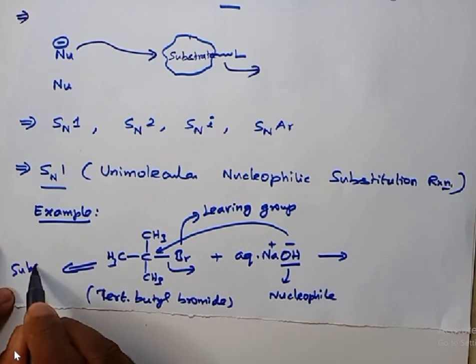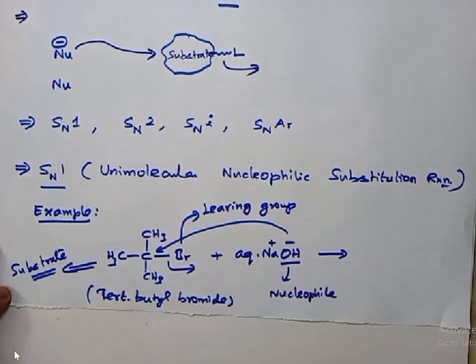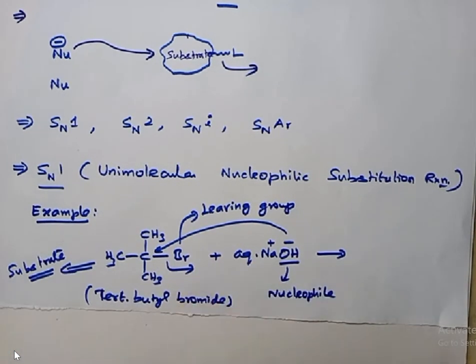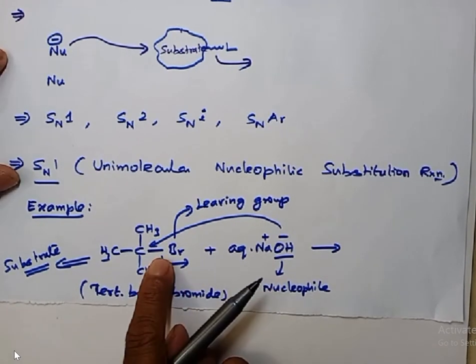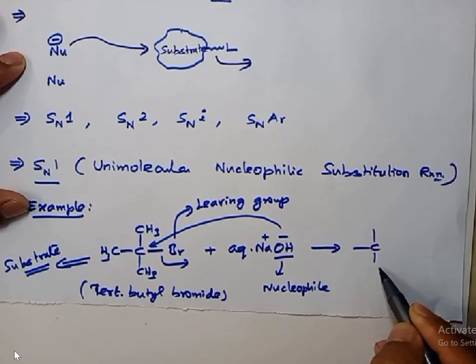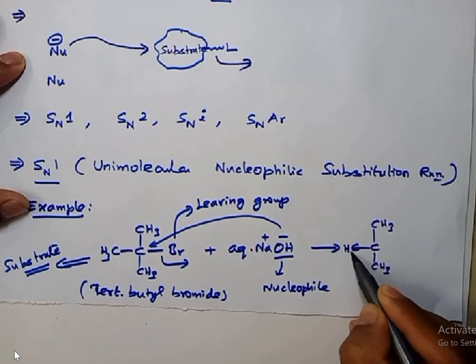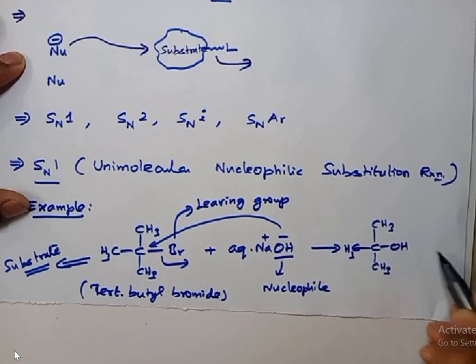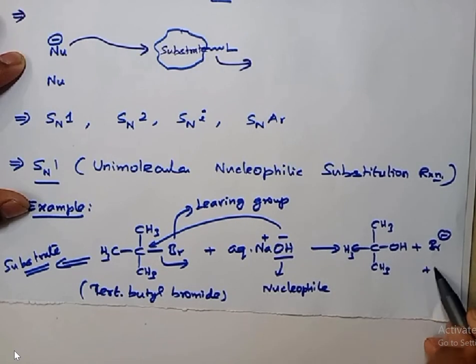The substrate is the molecule where the nucleophile attacks in a nucleophilic substitution reaction. So bromine is replaced by the OH group. You will get this compound, CH3, CH3, CH3, OH, plus bromine comes out as Br minus, and the solution already has Na plus ion.